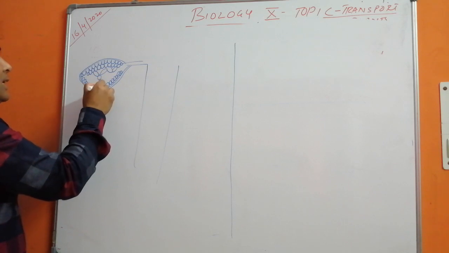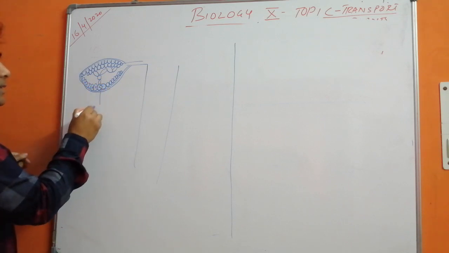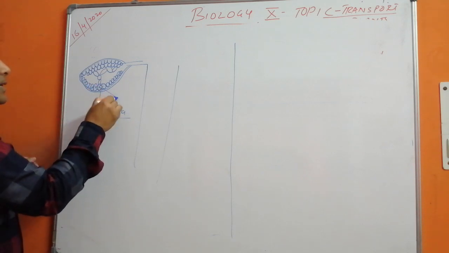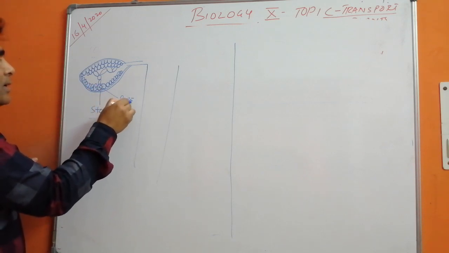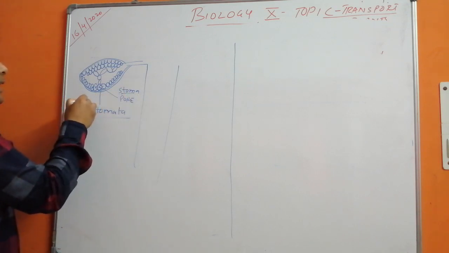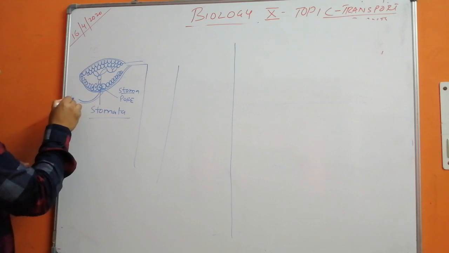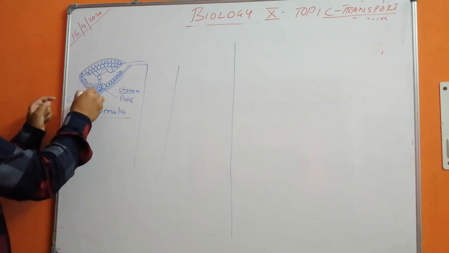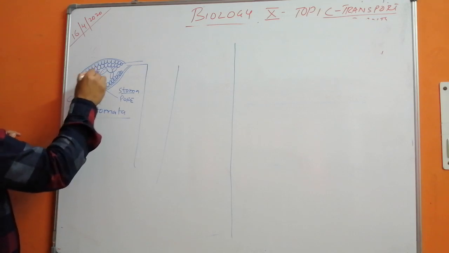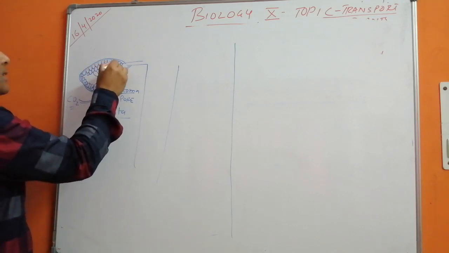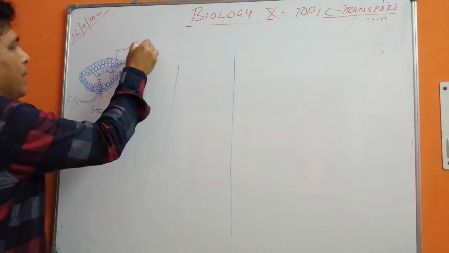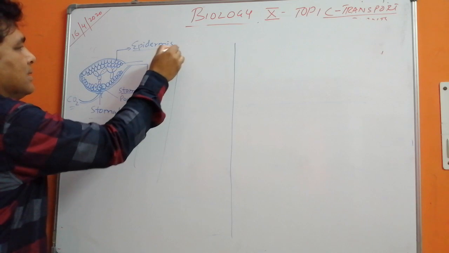The gaps are there. Now this is the stomata. This is the pore, stomatal pore. The air is going to go, CO2 goes from here inside. Now these cells are the epidermis cells.